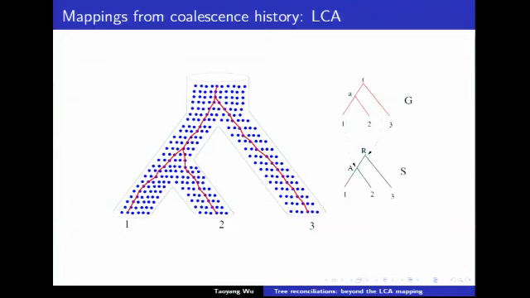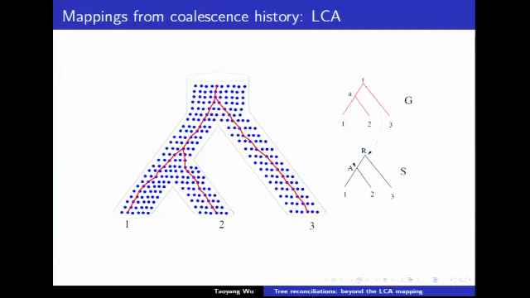Then, depending on the coalescence history, we can get a gene tree, 1, 2, 3. In this case, it is the same, there's no discordance in terms of the tree topology. But what I want to emphasize here is that not only the gene tree topology is of interest or is coded in this coalescent history, because we also know the coalescence of 1, 2 is in this branch.